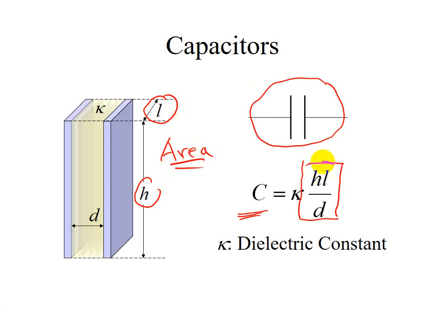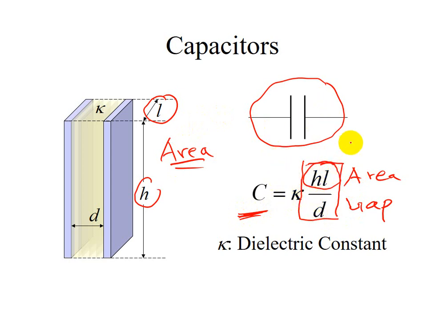And D is the distance of the gap in between. The capacitance equals K times the geometry factor HL divided by D.